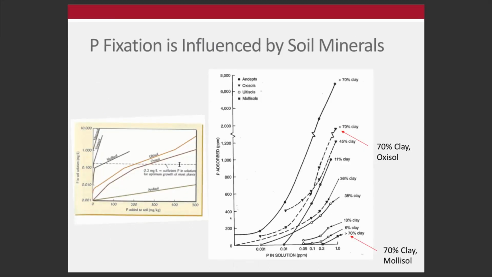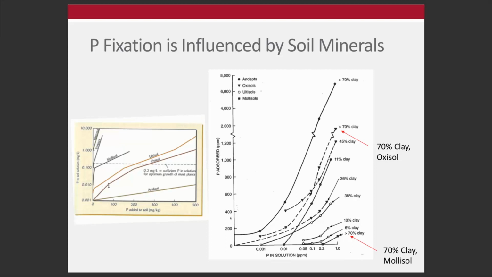Here's an example to show you about one of these things: phosphorus fixation is more influenced by minerals. So here we have phosphorus added to soil, the soil that was fertilized versus phosphorus in soil solution, and we can see, depending on the soil type, histosols, vertisols, mollisols, these would be considered younger soils or high organic matter soils, particularly these two, but mollisols in particular.